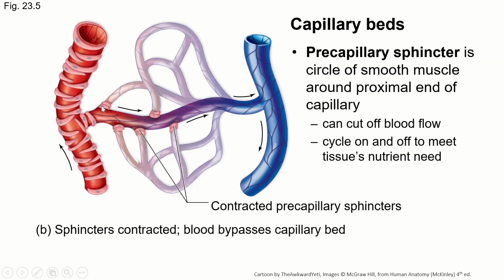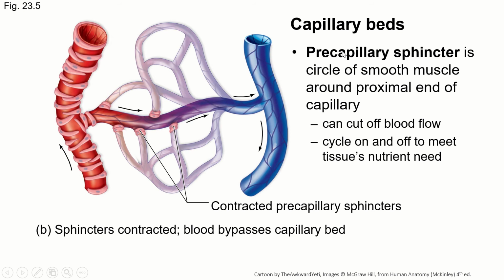If the precapillary sphincters are closed, if they contract, then that cuts off blood supply to the capillary bed. If you do that, then there's no way for the blood to get from the arteriole to the venule. So by having this meta-arteriole, the blood can go across.